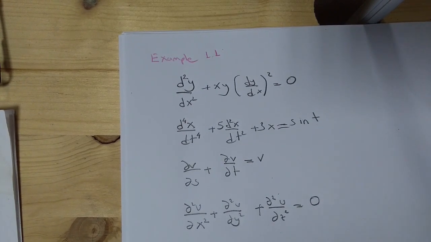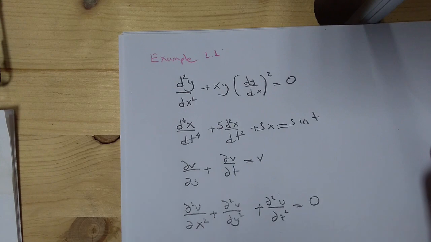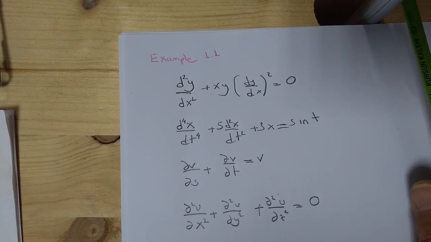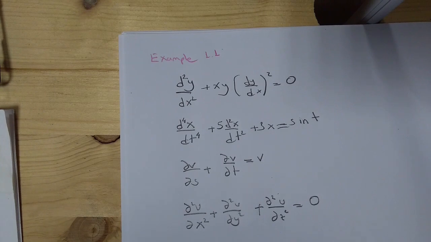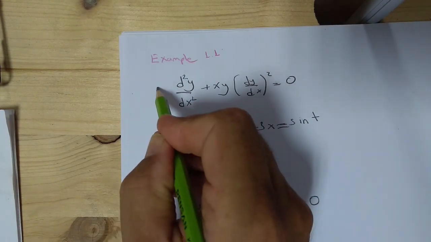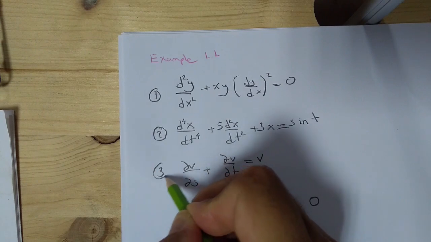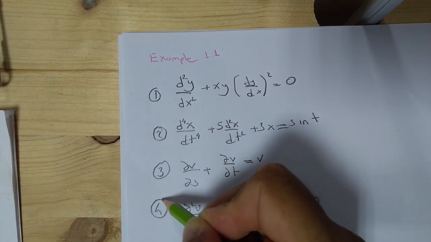Another definition: a differential equation involving ordinary derivatives of one or more dependent variables with respect to a single independent variable is called an ordinary differential equation. So let me label these equations 1, 2, 3, and 4.